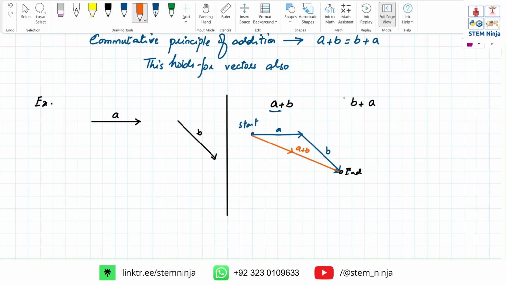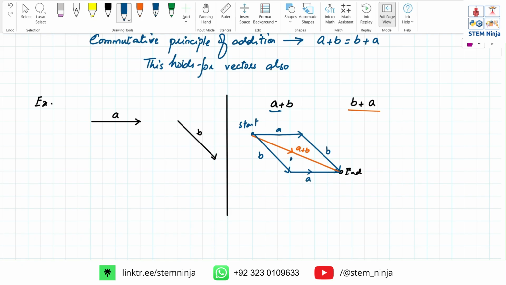What if we wanted to do B plus A? We would perform a similar operation, but we will start with B. So B would be looking, why is it not making a straight line? Right. This is your B, and then A this way.